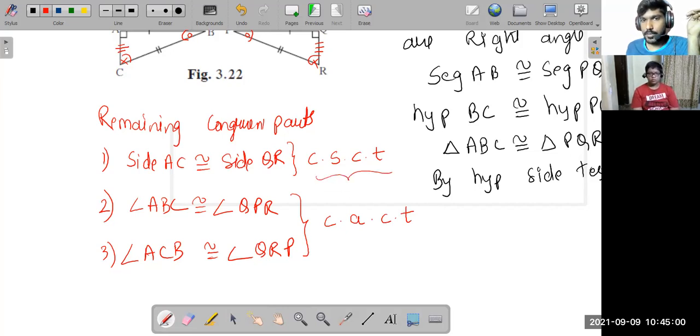Understand these terms, CSCT, CACT: corresponding sides, corresponding angles. Write this also into your notebook.